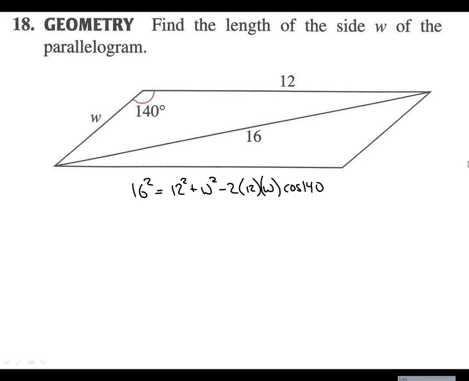16 squared is 256. 144. W squared minus 2 times 12 times the cosine of 140.